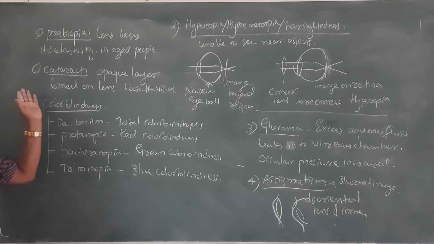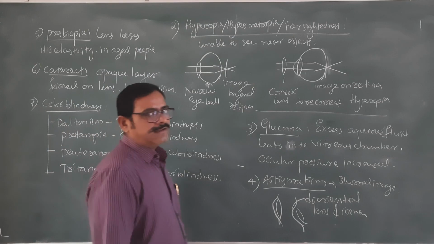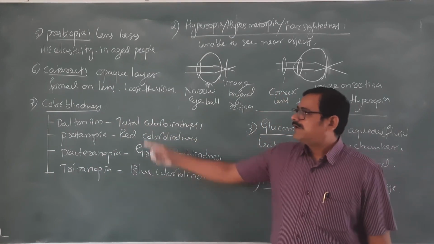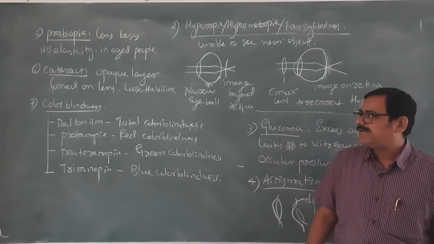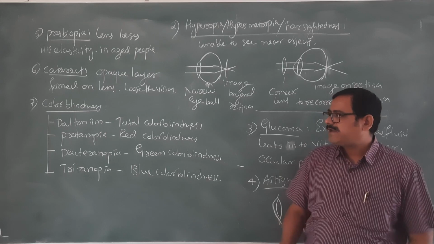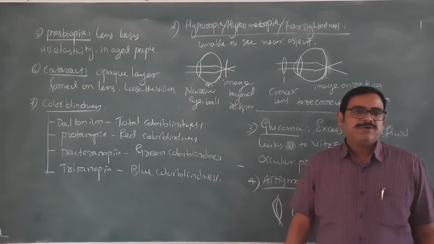Cataract is where a proteinous layer forms on the lens and it loses transparency, so there is no chance of image formation, and he may become blind. Color blindness is of 4 types: daltonism, total color blindness; protanopia, red color blindness; deuteranopia, green color blindness; and tritanopia, blue color blindness.